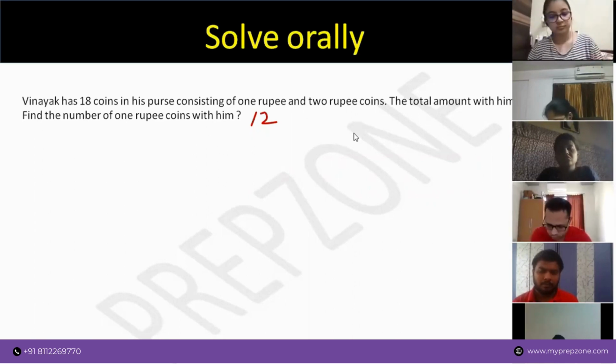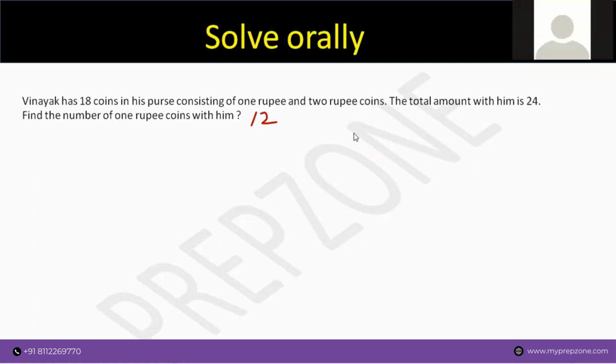Any volunteer? Come on. So first we'll assume that all the coins are of lower denomination, and then we will check for the difference in the amount that we are lagging behind. Okay. And the incremental value of the higher coin over the lower coin. Those many coins need to be added so that we'll get to that number.